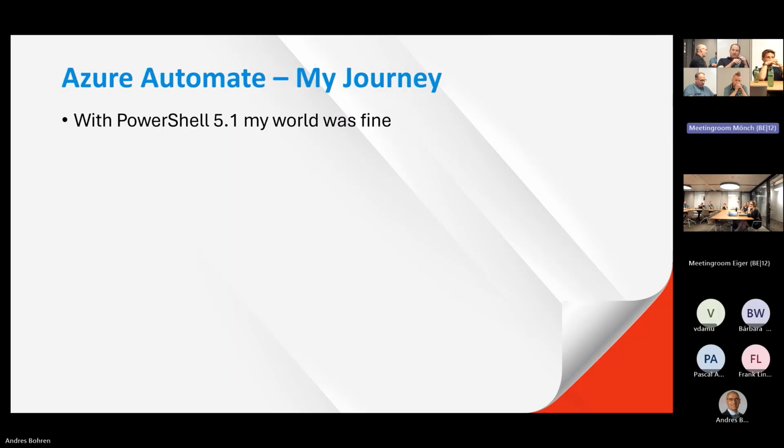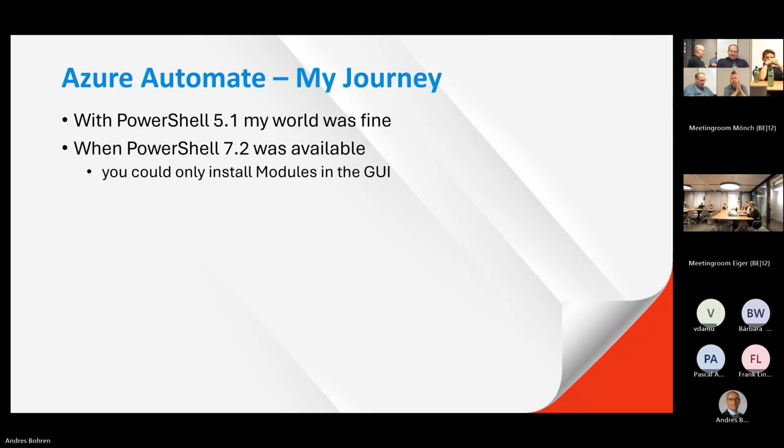So my journey: I started with PowerShell 5.1 in Azure Automation. The world was fine. Then PowerShell 7.2 was available, and the issue was you could install modules, but only in the GUI. There was no support from the PowerShell module.